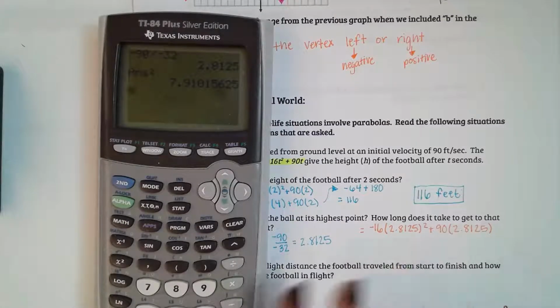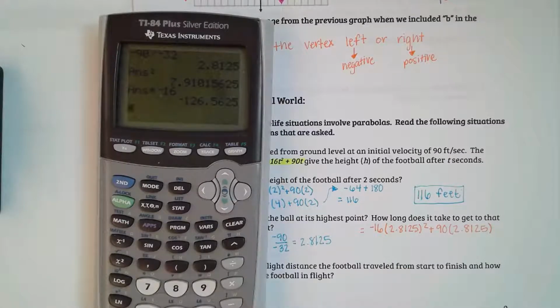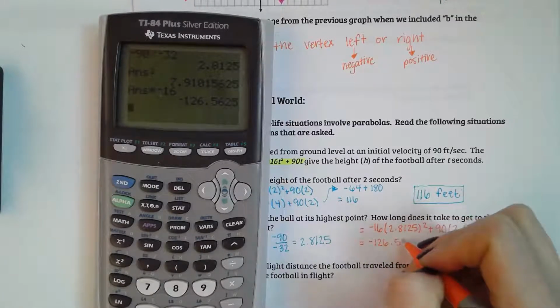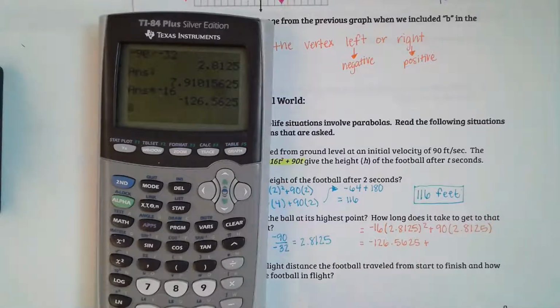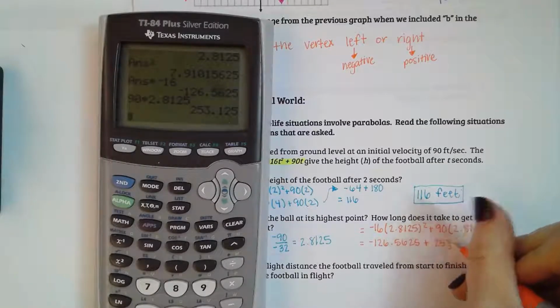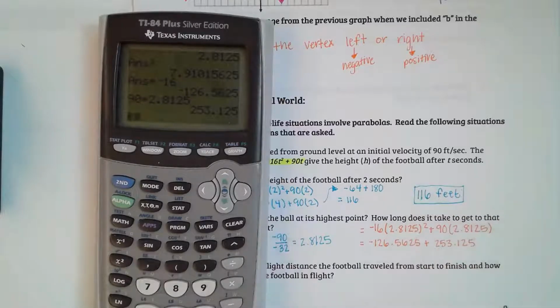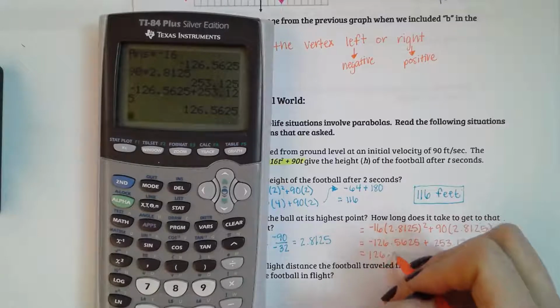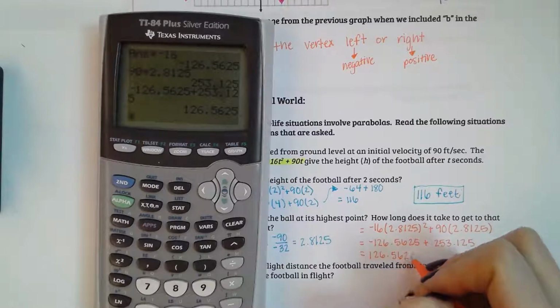It's a pretty long number, so times that by negative 16, and we get negative 126.5625. Plus 90 times 2.8125 is 253.125. And if I add those two together, that is 126.5625.